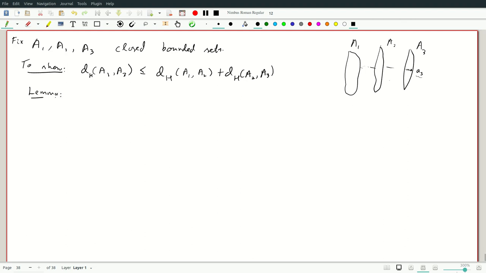But we are going to throw a little more room into this. We'll give ourselves epsilon of room because we are dealing with suprema, and this is very useful when we are doing any kind of analysis.